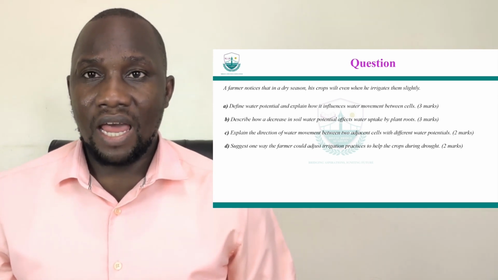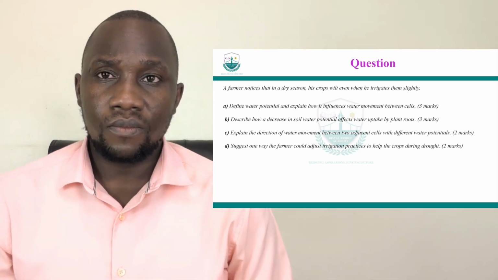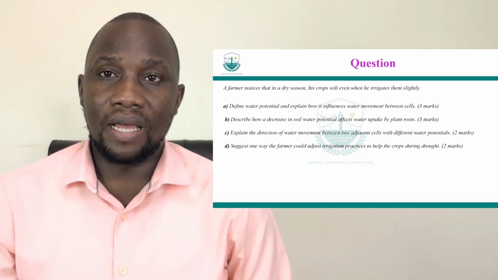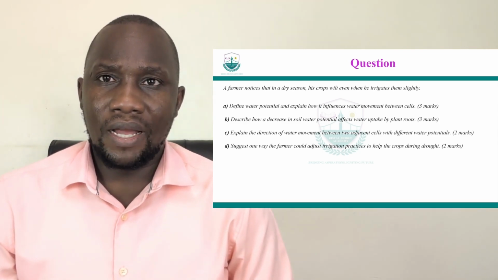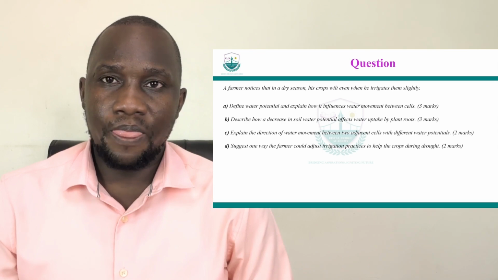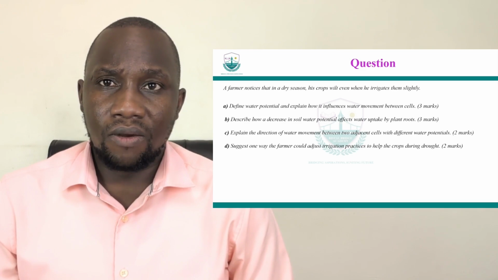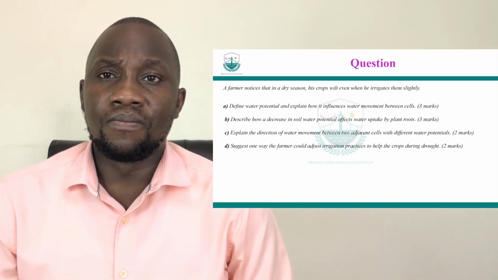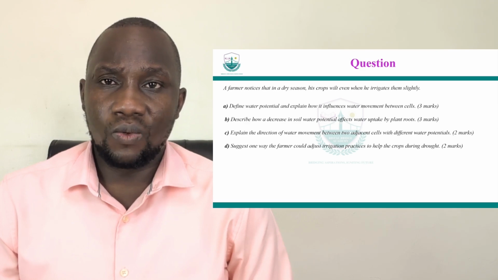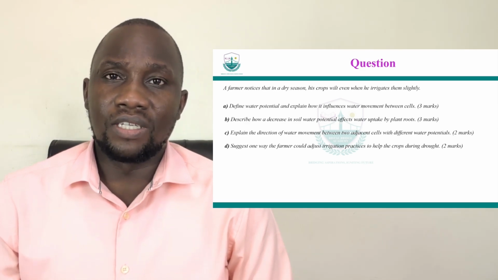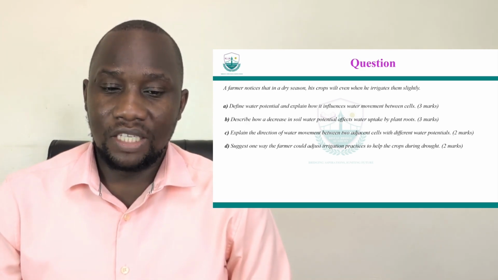But some farmers can use different irrigation techniques to supply these crops with water. But again, if these irrigation practices are not carried out properly, the crops may not actually benefit. So that means that even when you have water, if that water is not absorbed by the plants, then you are basically not doing much.